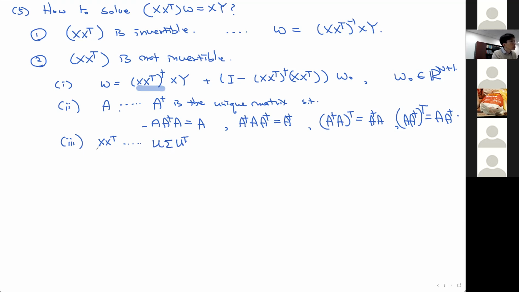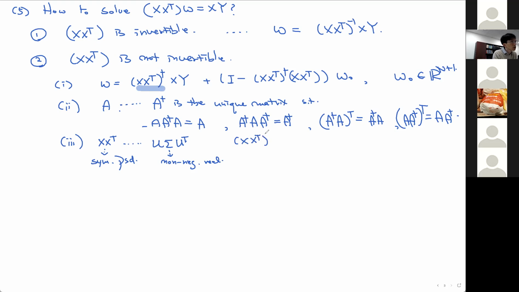And because X X transpose is symmetric and positive semi-definite, a notion we used for kernels when you define kernels, that implies these eigenvalues are all real and non-negative. So then how can we compute the pseudo inverse?